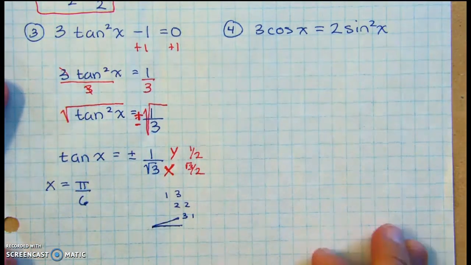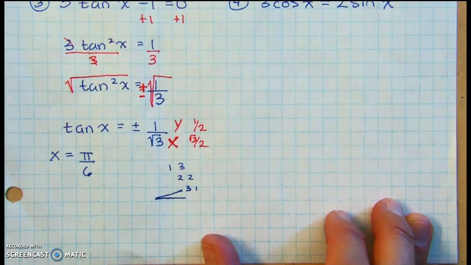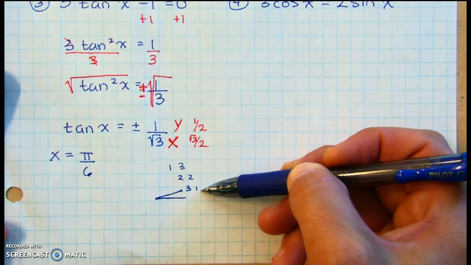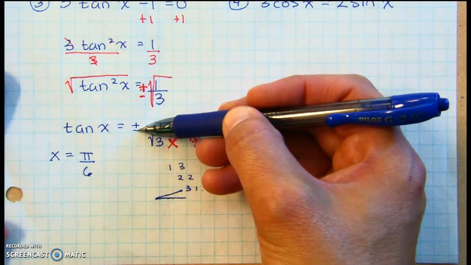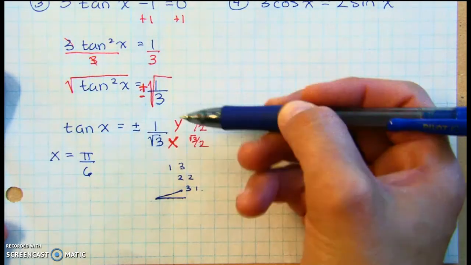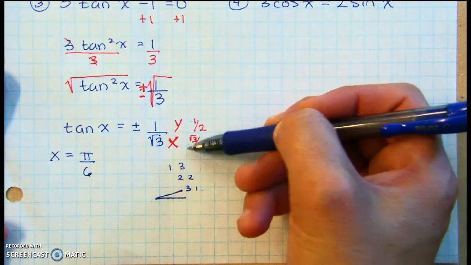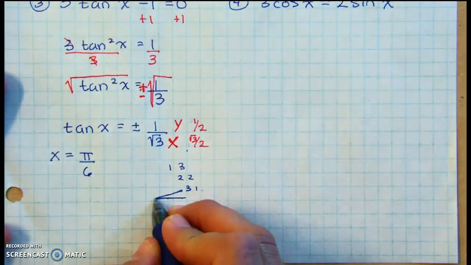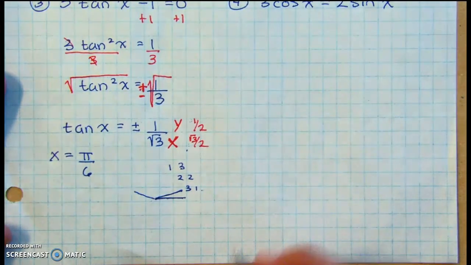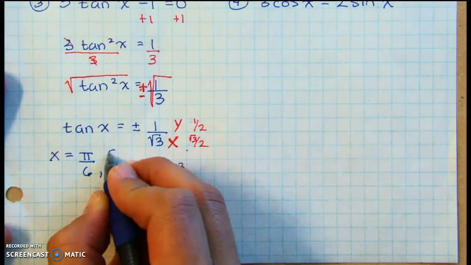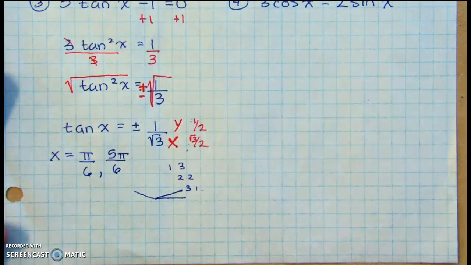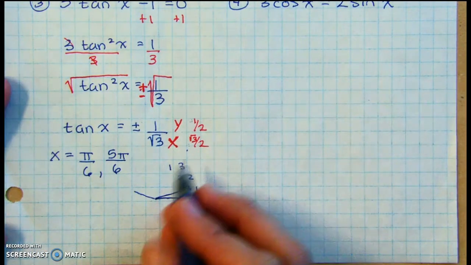Okay, are there more answers? Yes, that's a positive. These were both positive, right? But it also could be negative, which means these could be different signs, right? So that's going to be back here at the reference angle. So do you know all your over 6's? 5 pi over 6. What about quadrant 3?